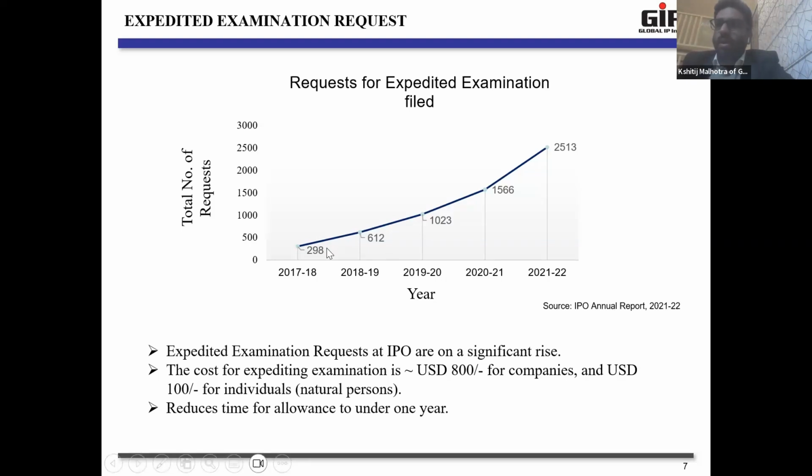After that, the patent office introduced many more categories of applicants, and because of that, in 2021-22, which is last year, 2,513 requests for examination in the expedited mechanism were received. So year on year, there is a significant rise in the filing of expedited requests.